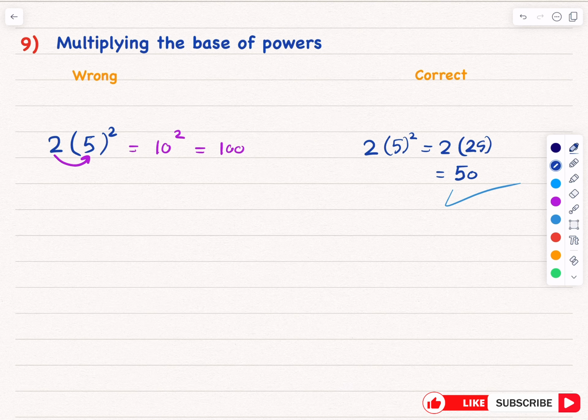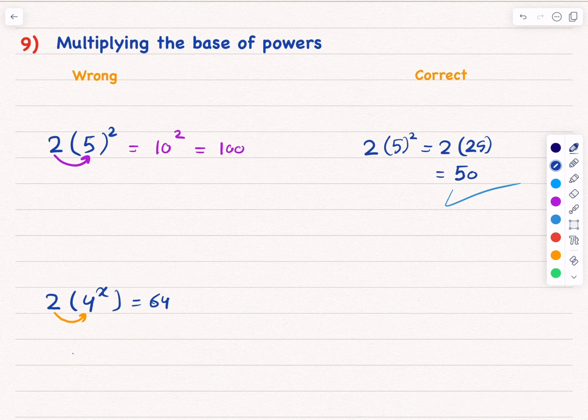Another common mistake with powers and bases is like this. Example here, 2 multiplied by 4 to the x equals 64. So here, if we do it in the wrong way, first we multiply 2 by 4, which becomes 8. So we have 8 to the power of x equals 64.